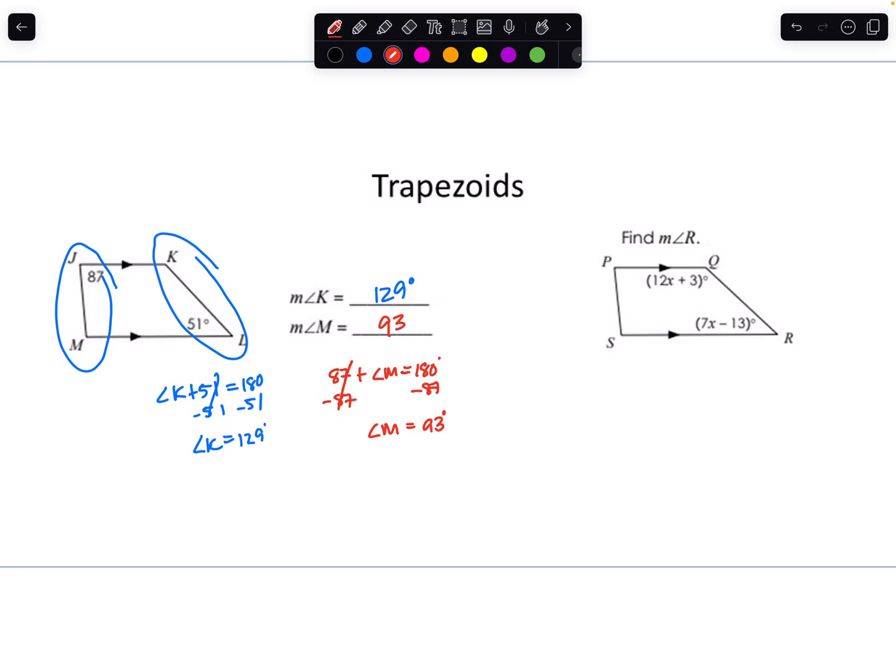Notice how the summation of these four angles will still add up to 360 degrees because it's a quadrilateral.